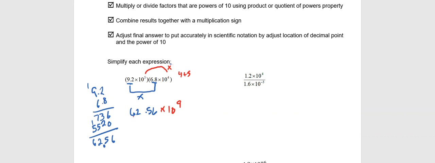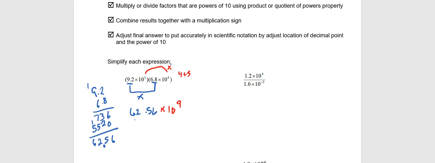Now notice our answer. This is looking like scientific notation, but it is not completely in scientific notation because our decimal point is not in the proper place. This number is not at least 1, but less than 10.